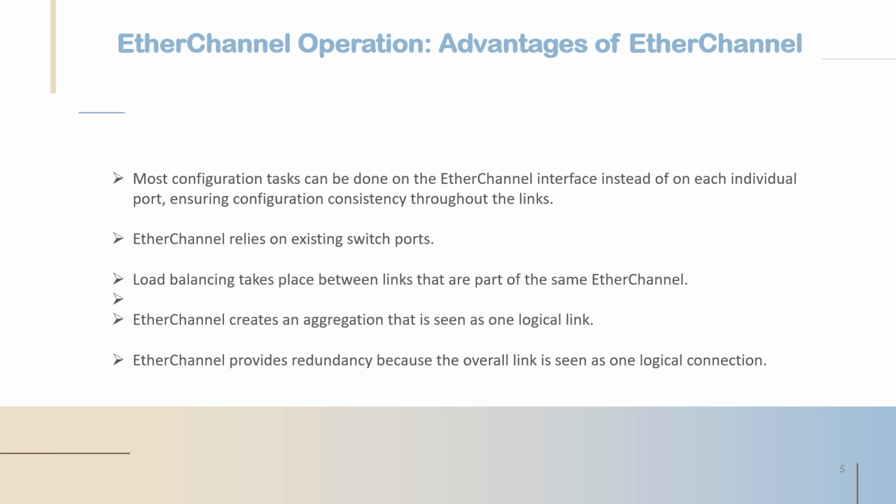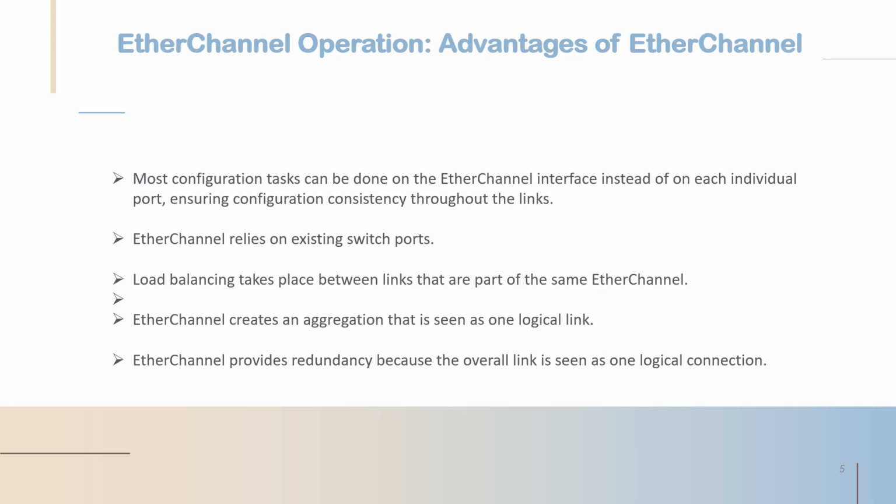This blocks all the ports belonging to the EtherChannel links. Where there is only one EtherChannel link, all physical links in the EtherChannel are active because Spanning Tree Protocol sees one logical link.